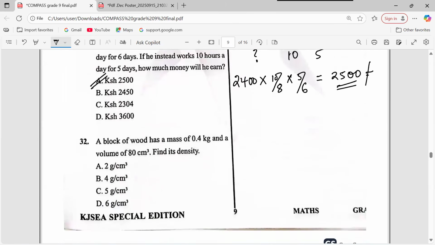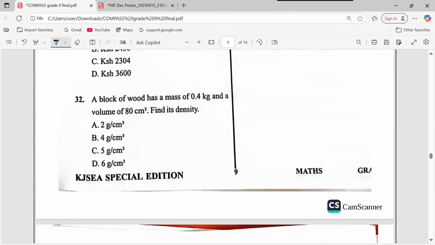Number 32. A block of wood has a mass of 0.4 kilograms and a volume of 80 cubic centimeters. Find its density. We should be able to know that density equals mass divided by volume. If we know this, then we can take the mass in the appropriate SI unit, like 400, because we multiply it by 1,000 to make it SI units.